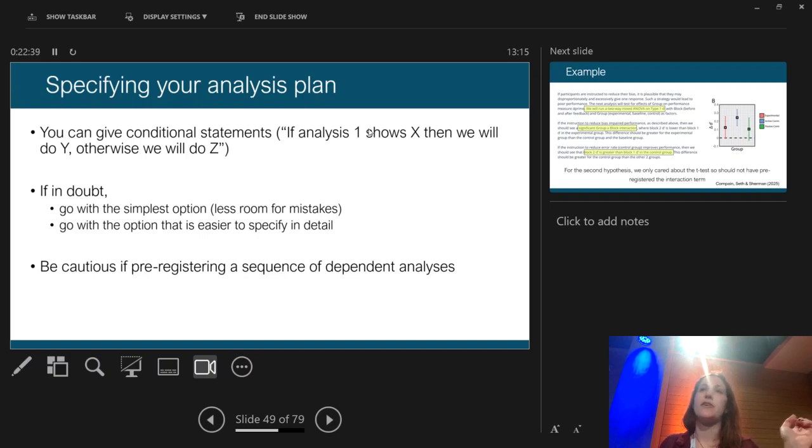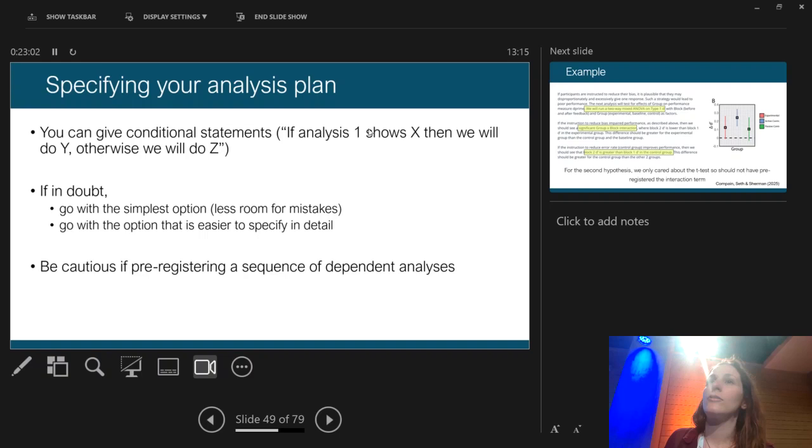So when you're specifying your analysis plan, so now you want to test your key predictions. Sometimes people are testing something really straightforward, and all you need to say is, I'm going to run a t-test, and if this, then that. Otherwise, something else.